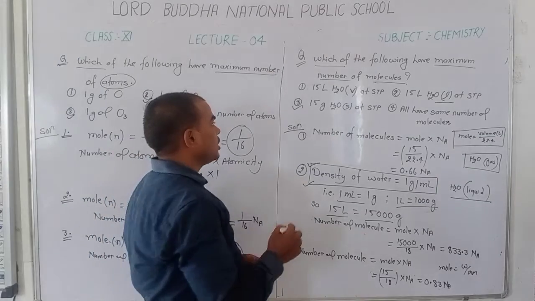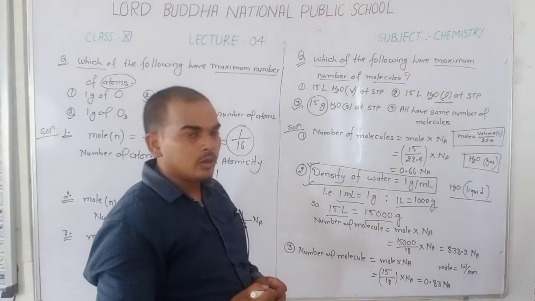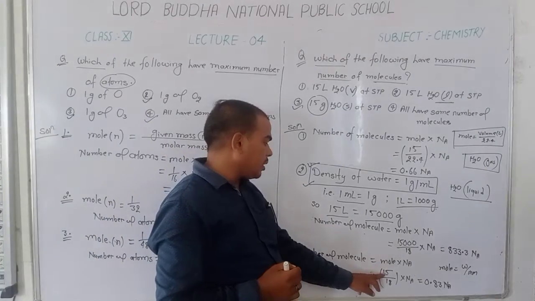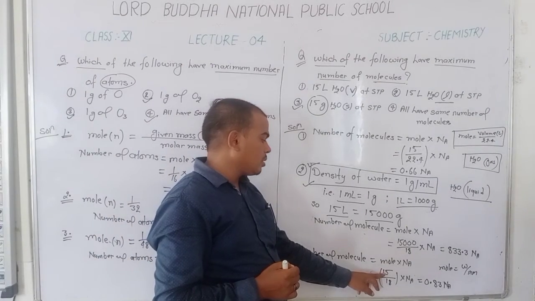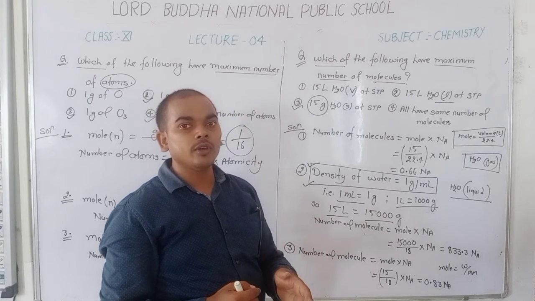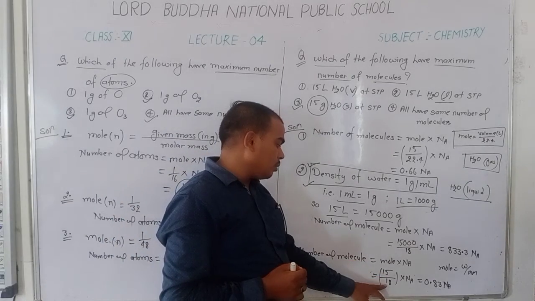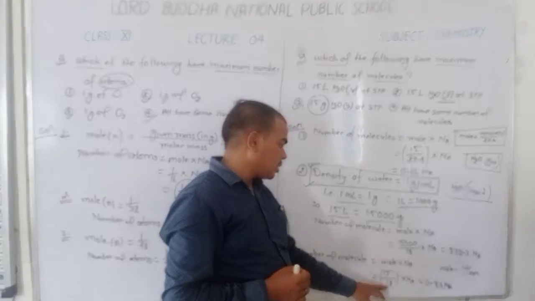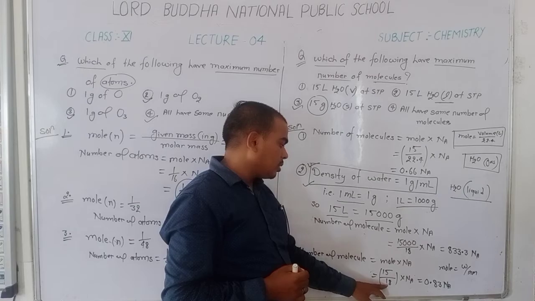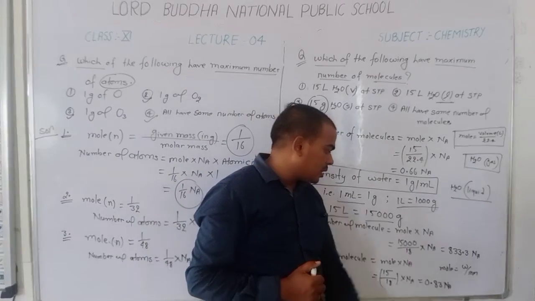In the question, 15 gram is the given mass of H2O. Put the value 15 of given mass, and you know the molar mass of H2O is 18. Finally, after the calculation, we find 0.83 N.